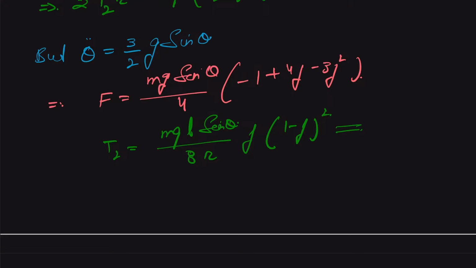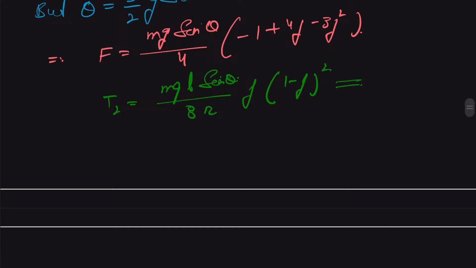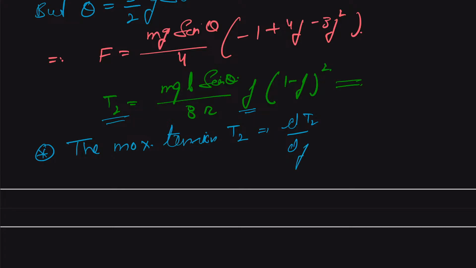So for the maximum tension T2, we are going to differentiate T2 with respect to f and set it equal to 0.